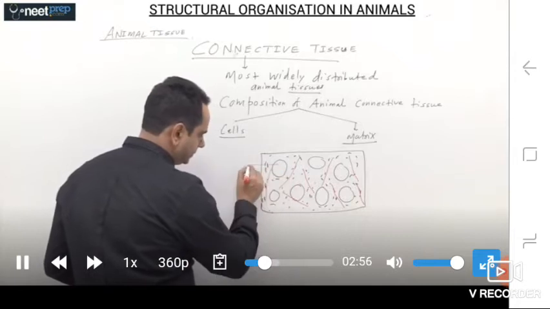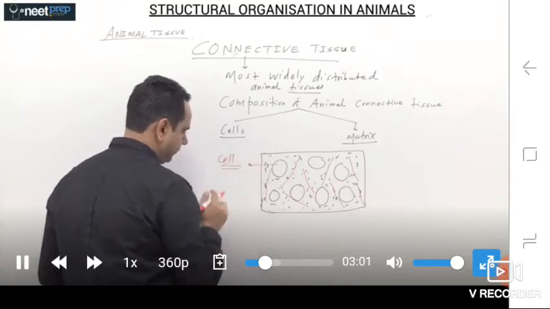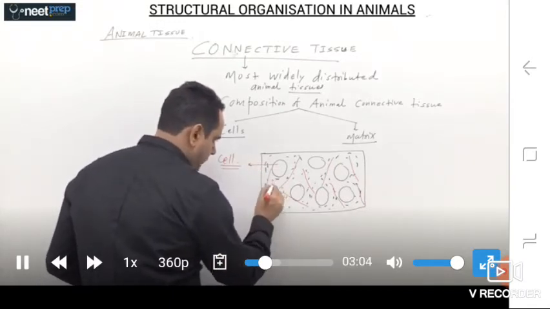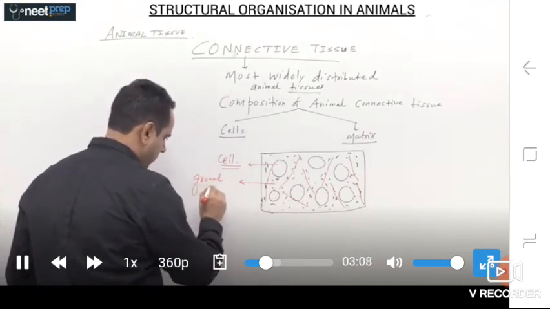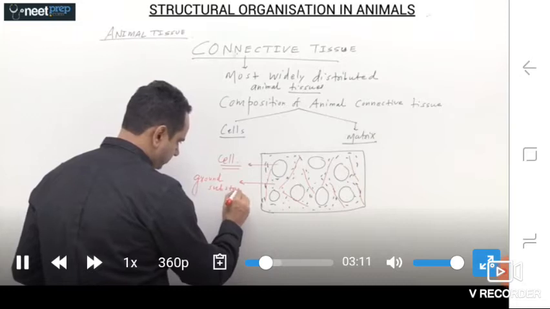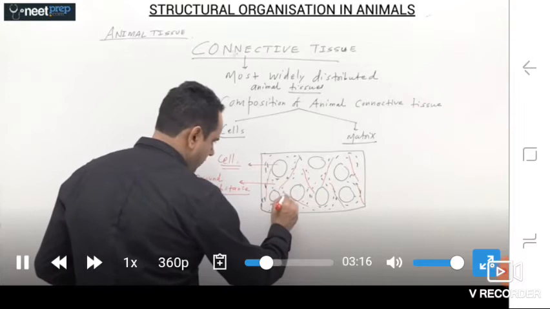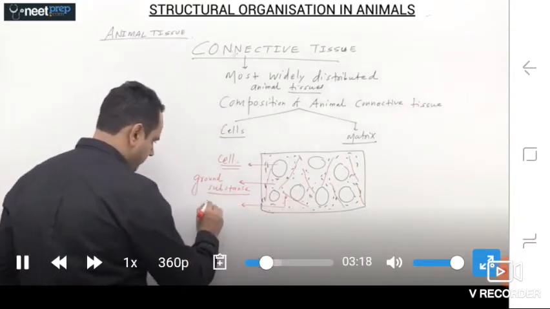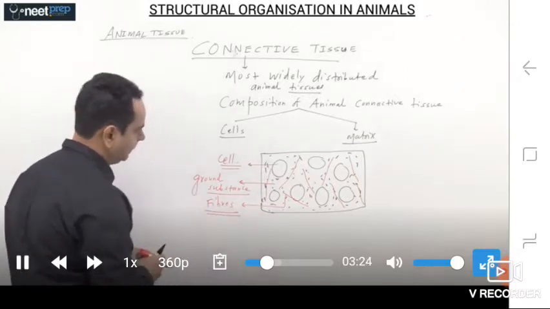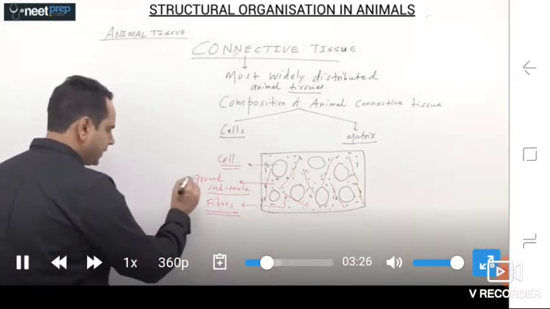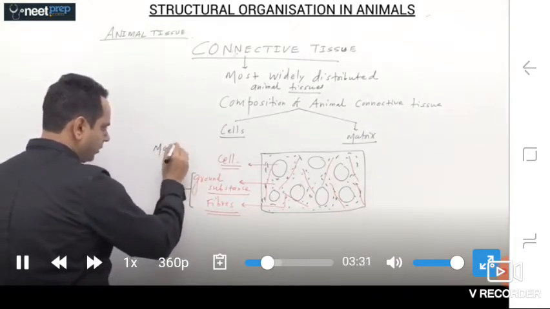So basically, these are cells. The fluid is called ground substance, and these are called fibers. And remember, ground substance and fibers together form the matrix of connective tissues.